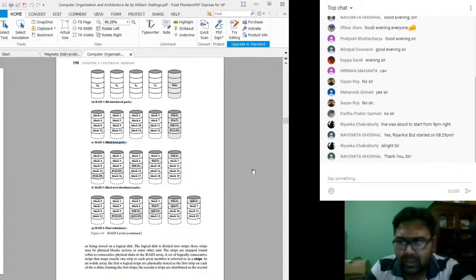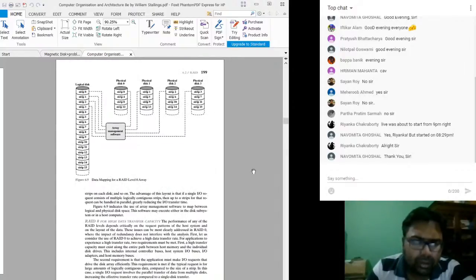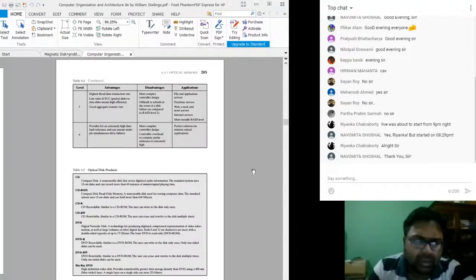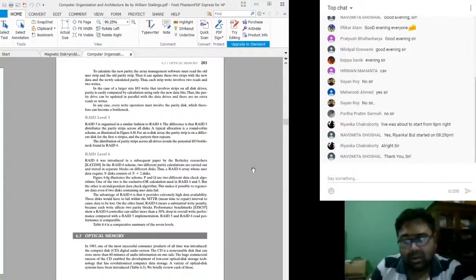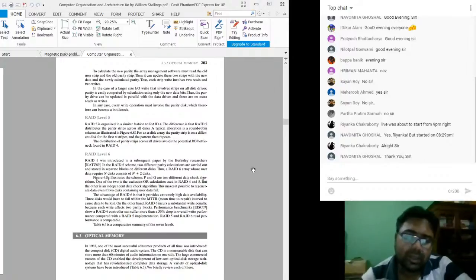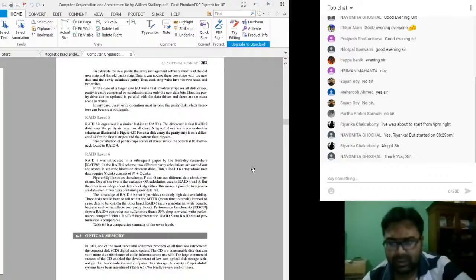You can read this, it is there in your PDF, and just go through it once. It is not that important for your computer architecture, but it is very essential for your operating system and DBMS, because DBMS, the database management systems, go for this organization. Why?